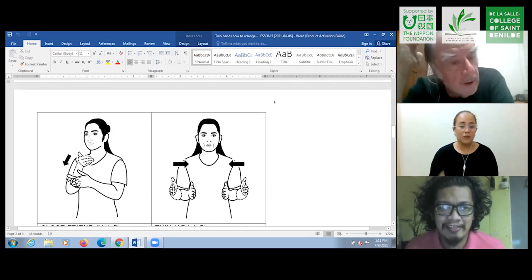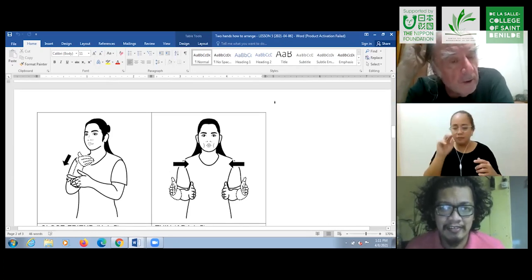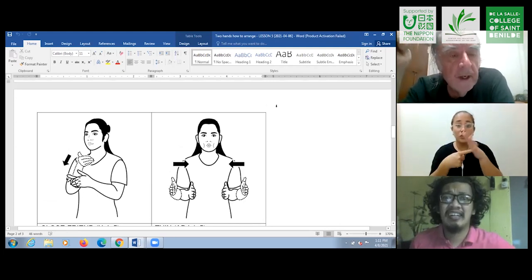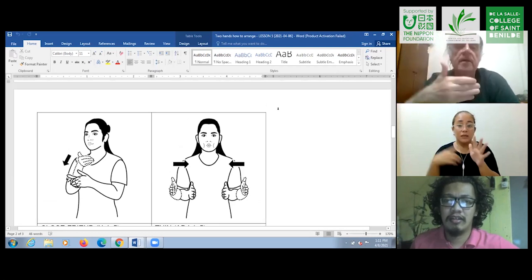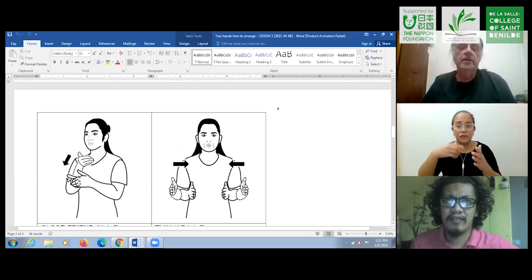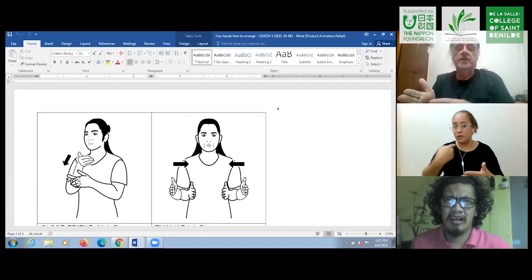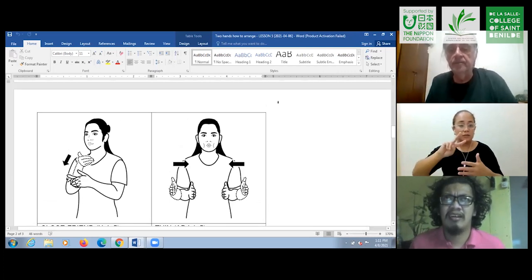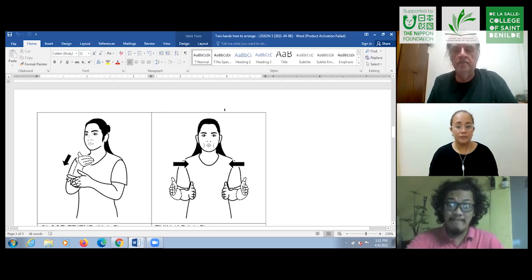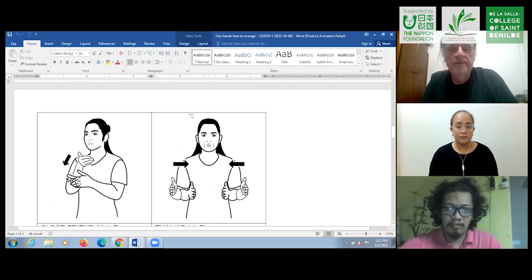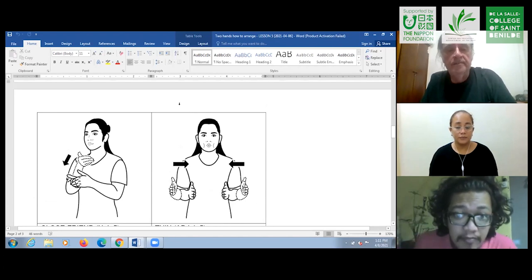And this one you need orientation also. So you look at the orientation of the dominant hand. It looks like the first sign is inward orientation and the second sign is to the left. Okay.